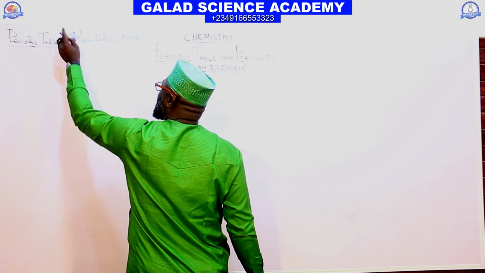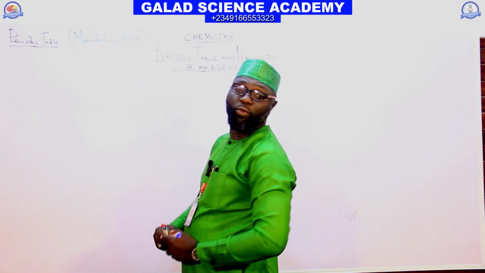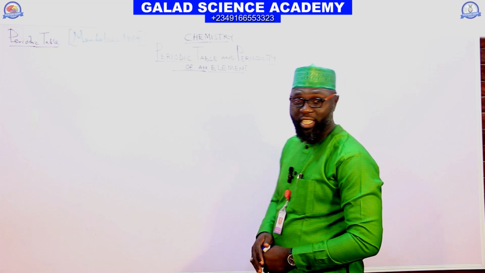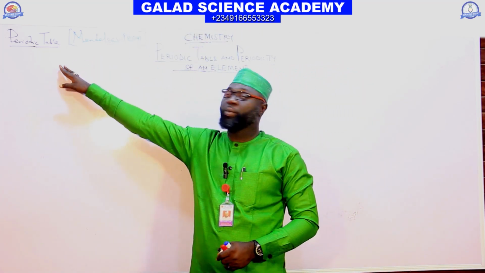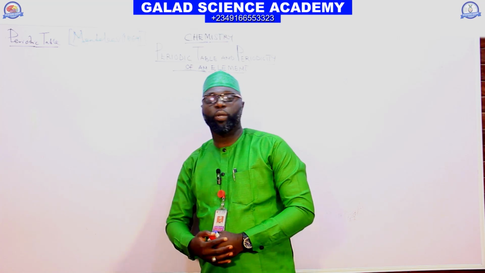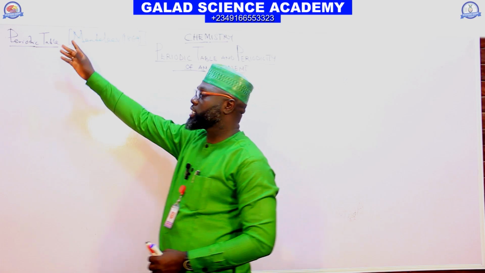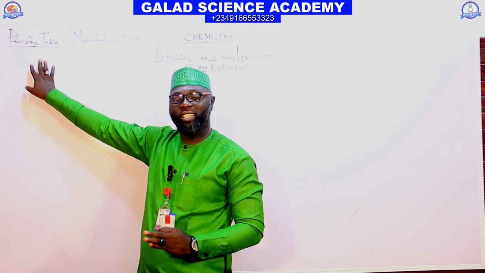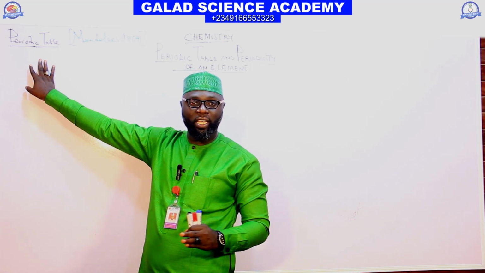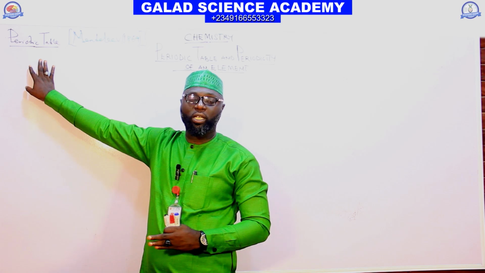That's the first scientist, a Russian scientist, that discovered, or constructed, the periodic table. This periodic table is a table that arranges elements orderly based on the increase in atomic number.